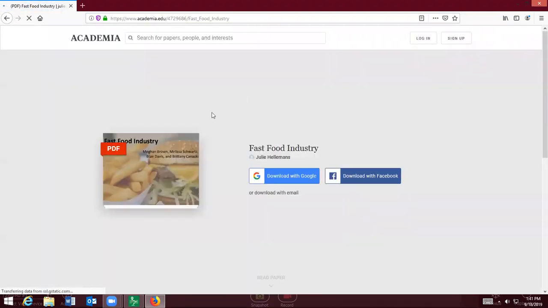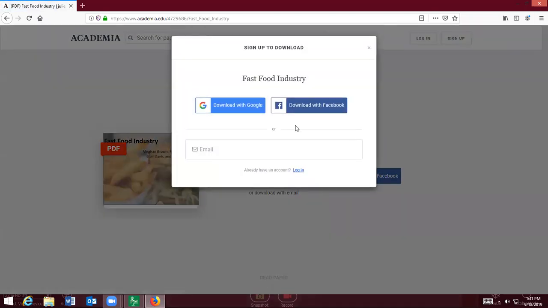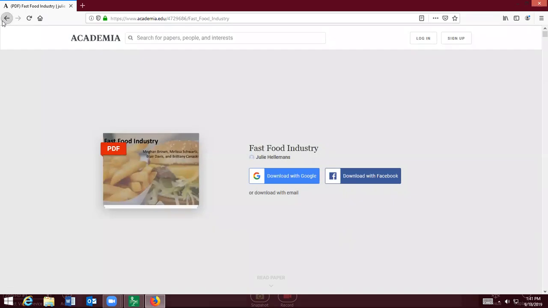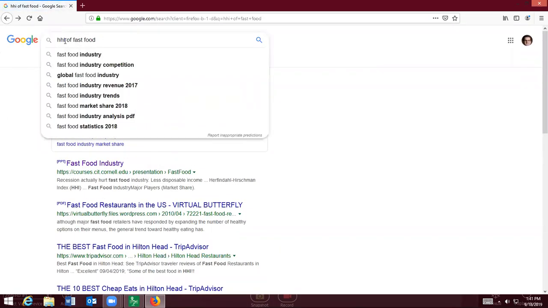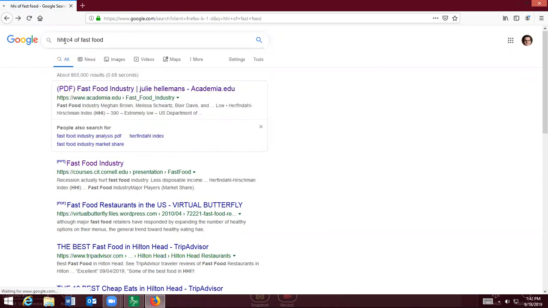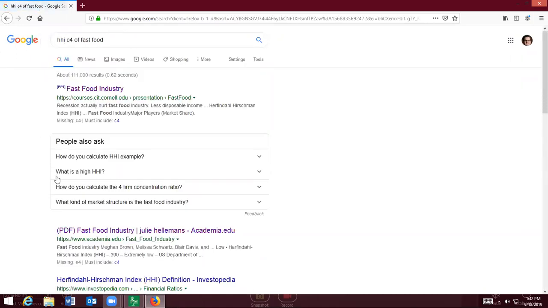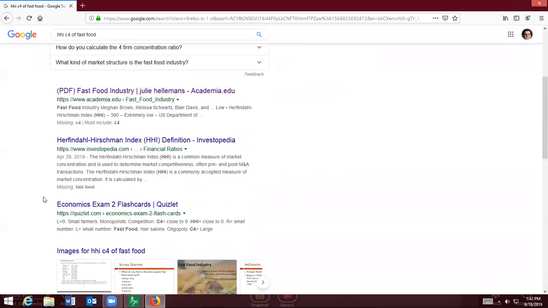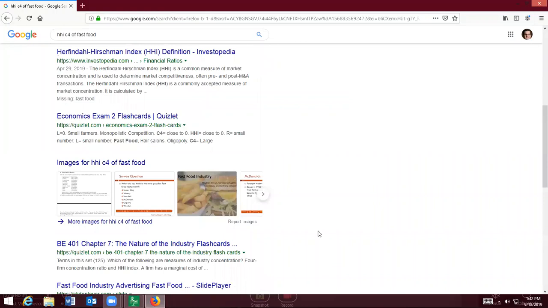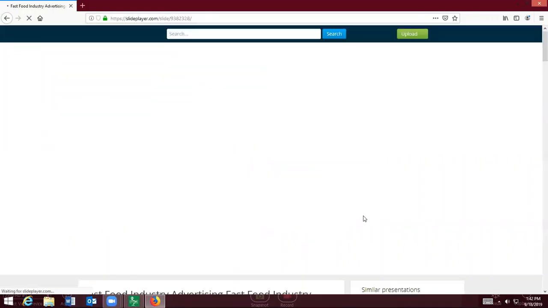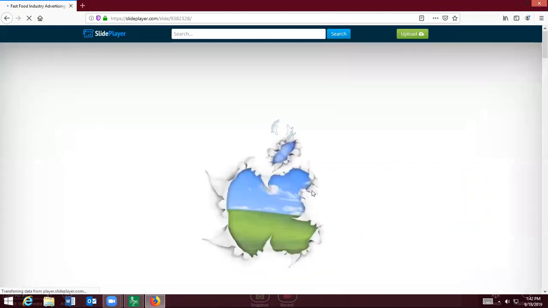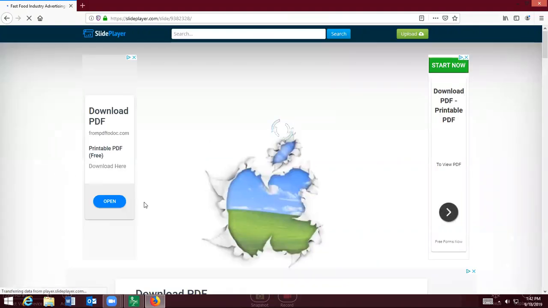Well, but that's a natural monopoly, right? So the reason we do that is because we don't want a bunch of firms. HHI or C4? Maybe that'll work. All right, I'll have to find it. Slideplayer, very reputable source, slideplayer.com.